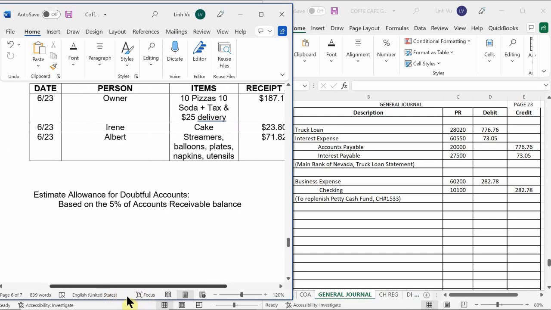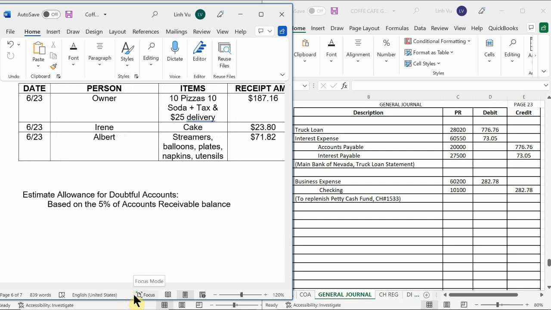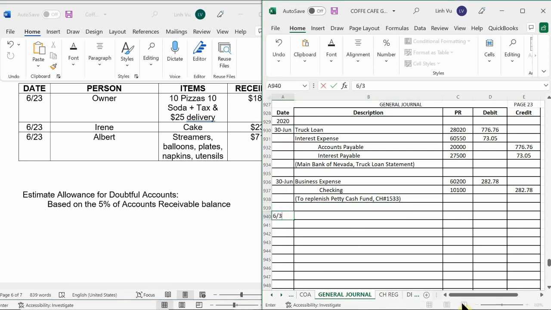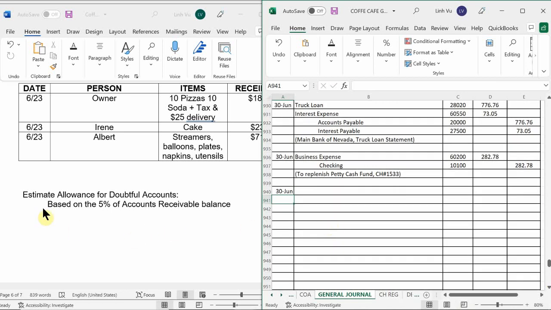All right. Then it says here, estimated allowance for doubtful accounts, okay, based on 5% of accounts receivable balance. So in this case, this is an estimated allowance for doubtful accounts, okay, which is based off of 5% of accounts receivable balance. So what does this mean? It is an estimated amount of accounts receivable based on a 5%.